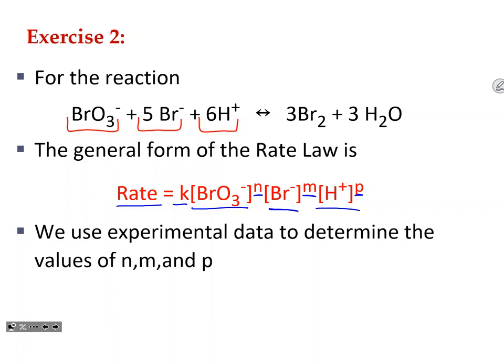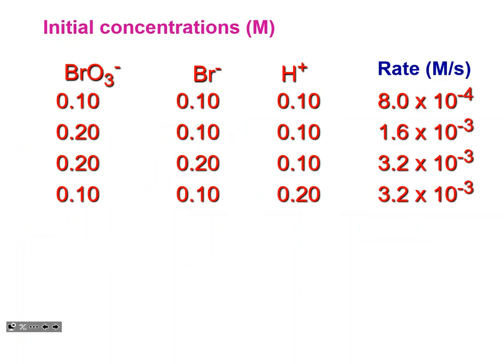Now remember, these order of reactants, the N, M, and P, have nothing to do with the balanced reaction. We have to look at the experimental data. And how does the experimental data look for these problems? This is how it looks. They're going to give you charts like this, where you have initial concentrations, and then you have the rates over to the side.